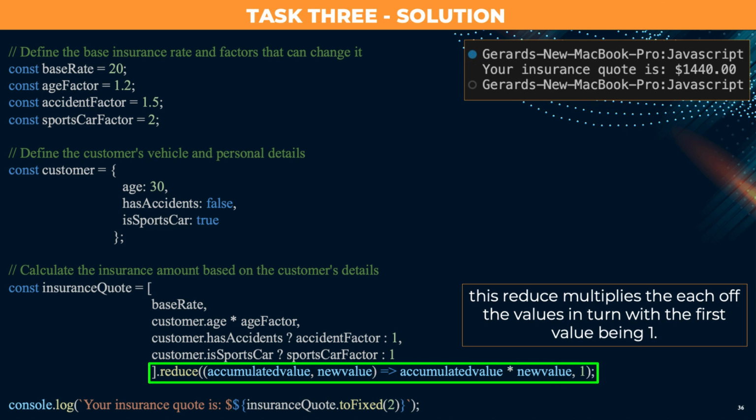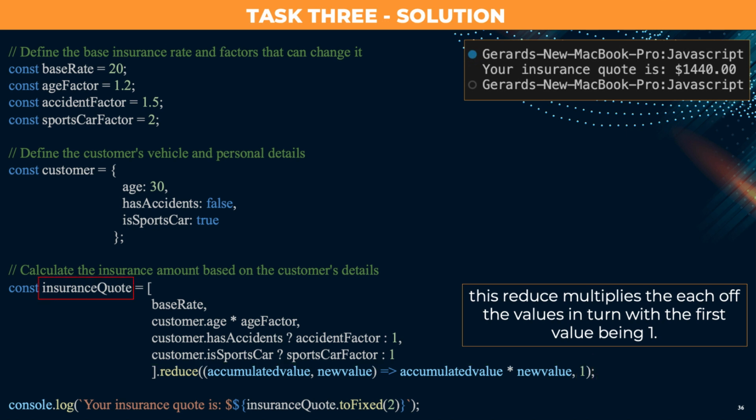We then reduce using the accumulated value, which will start off as 1 this time, not 0 like we did in the previous examples, because we're going to multiply. And then we end up with a new value. So we take the accumulated value to start with, which is 1, and we multiply it by whatever the new value is.